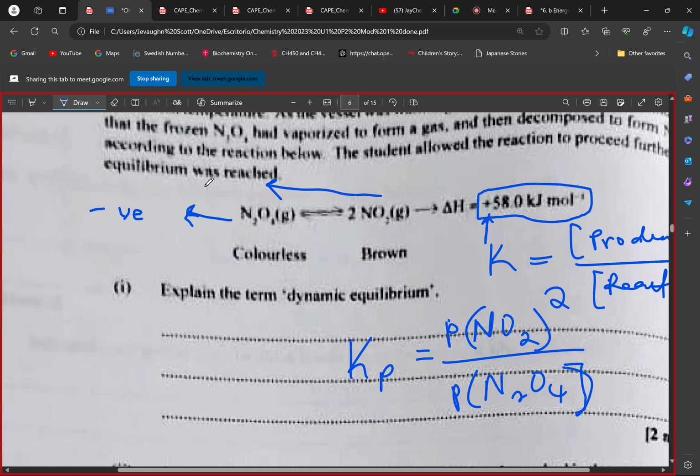If you stand too close and keep on increasing the heat, you're going to want to step back from the fire because you're getting too hot. That's what Le Chatelier's principle is doing, right? So if it's an exothermic reaction and we start increasing the temperature, it's going to say, whoa there, we're not going to continue to create heat energy. We're going to step back and actually cool off, right?